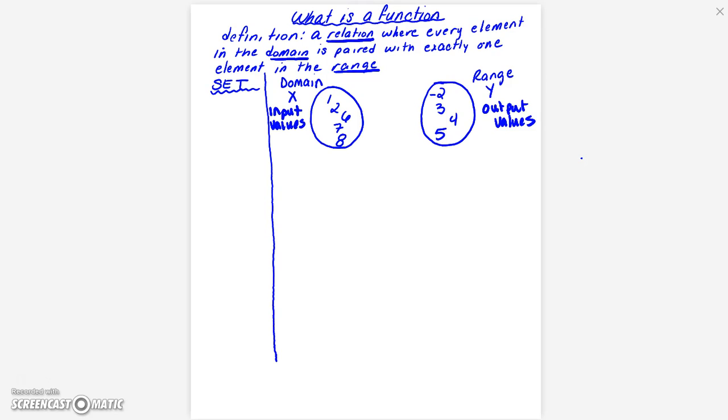So when we say that a function is a relationship where every x, I'll say x instead of domain, is paired with exactly one y, that's kind of thinking of it as a machine, maybe even a vending machine, where our input is $1, right?